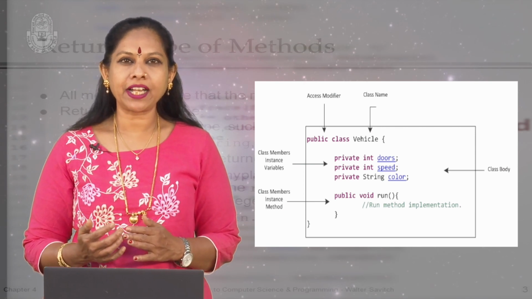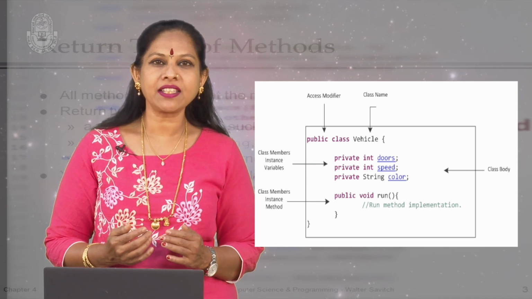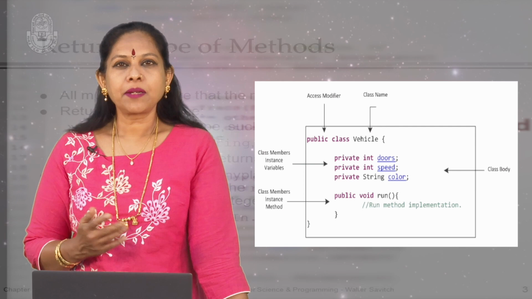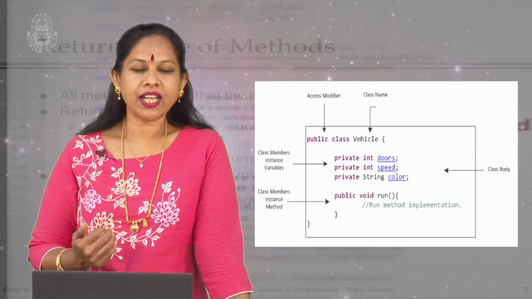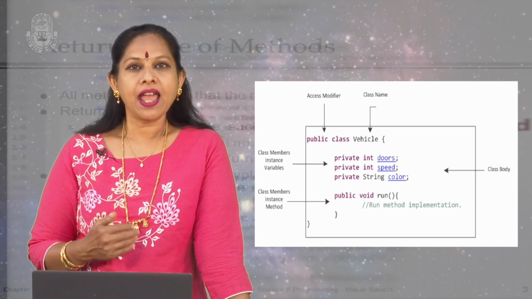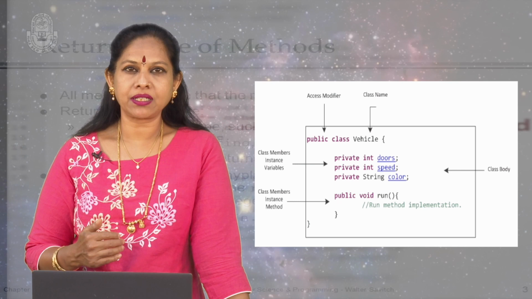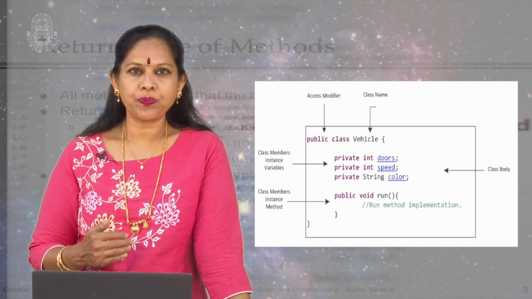Methods that operate on a particular object should be defined as instance methods. Methods that provide some general utility but do not directly affect an instance of the class are declared as class methods.